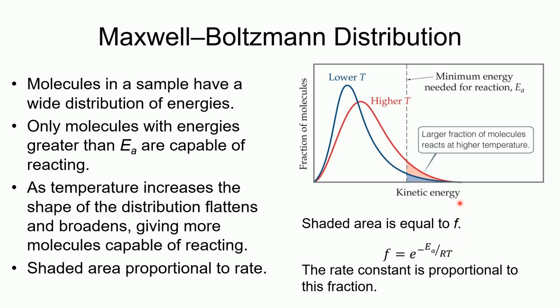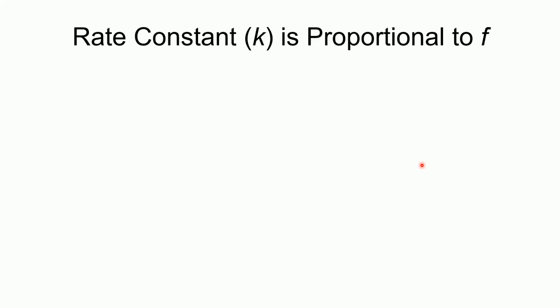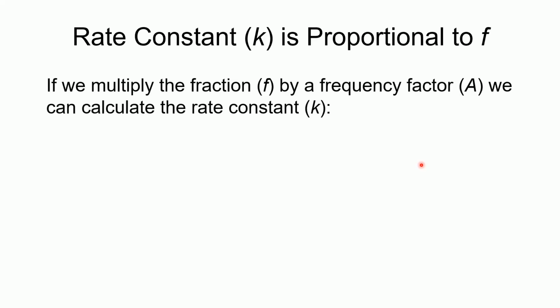So we'll find that as the temperature increases, this fraction will get larger. So it turns out that the rate constant k is proportional to that fraction. So we can say that the rate constant k is that fraction multiplied by a frequency factor. That frequency factor is sort of the ultimate fudge factor.